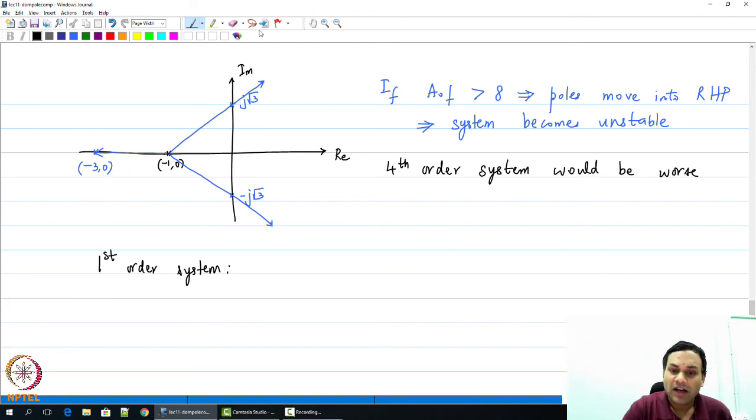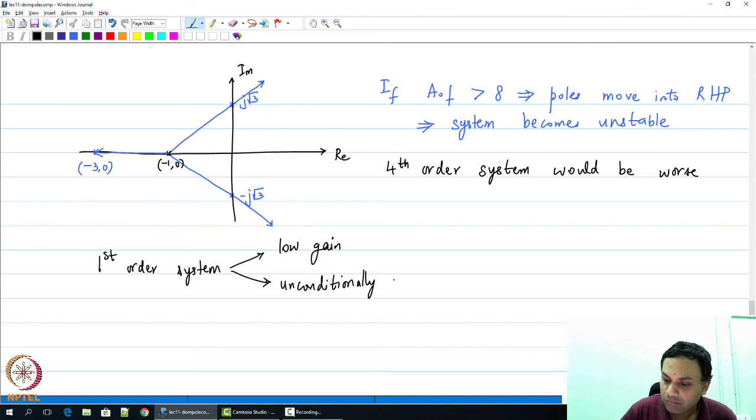The first order system is unconditionally stable but has low gain, which is an undesirable quantity, and it is unconditionally stable, which is the desirable quantity that we like.